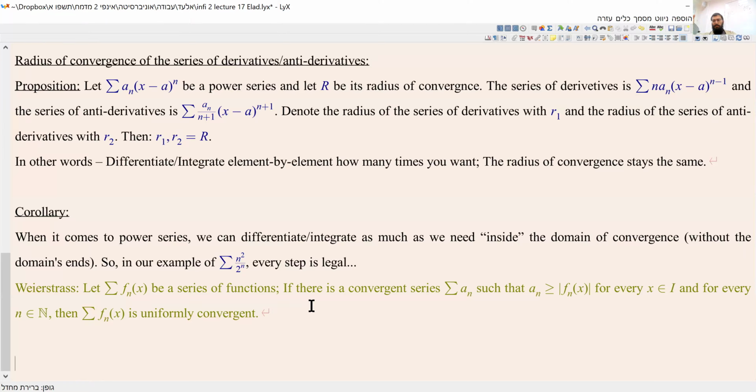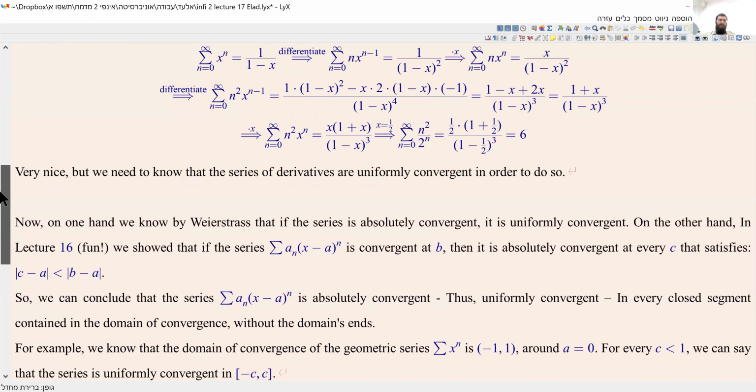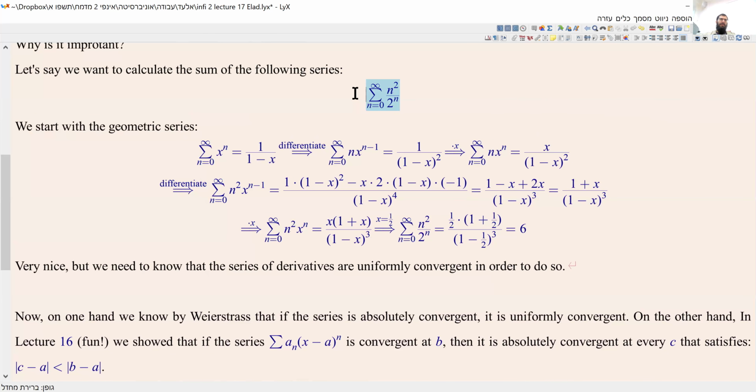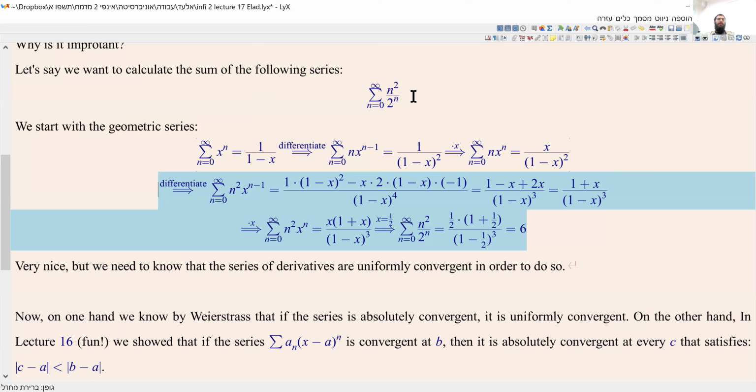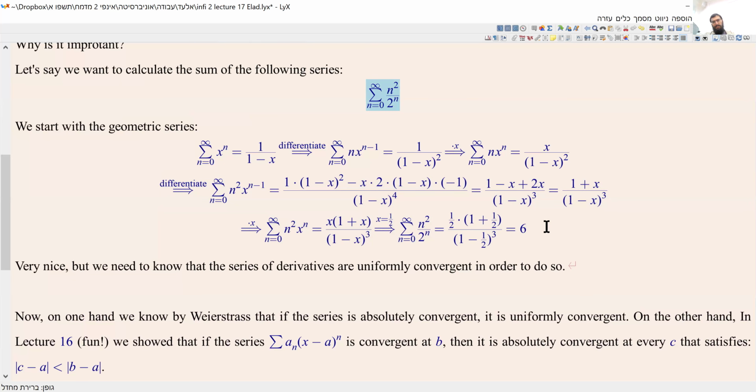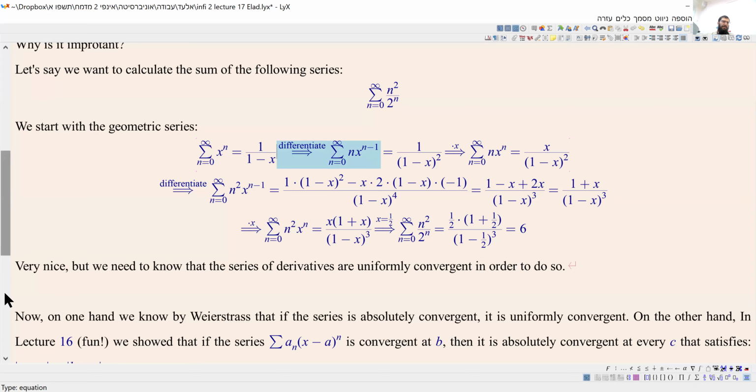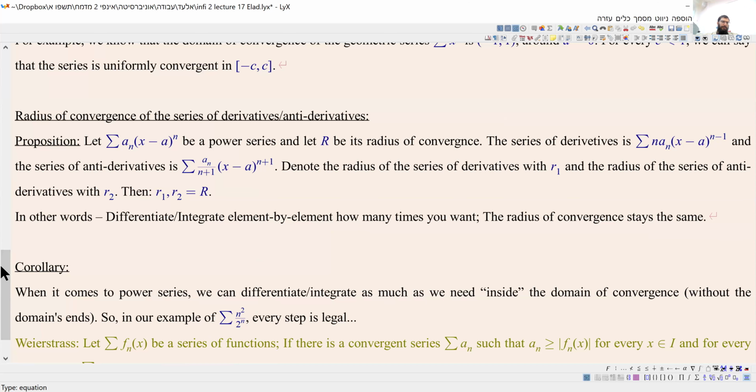Calculating sums of infinite series using differentiating and integrating is a common kind of question in the final exams, and these questions are almost 100% technical. You don't have to explain anything mathematically because our corollary about power series does it automatically.